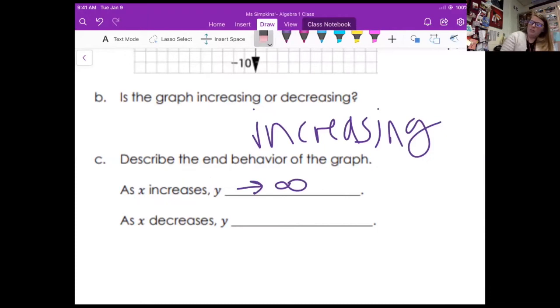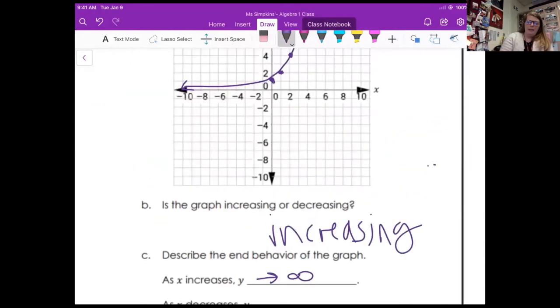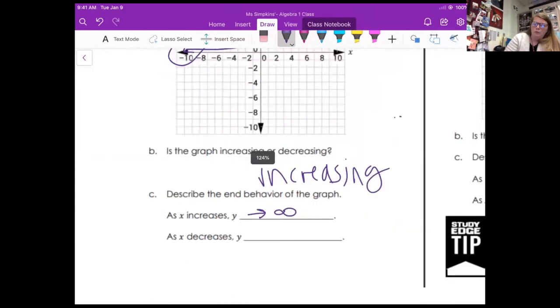Now, the other question is what's happening on the opposite side? So where is this left-hand arrow getting very, very close to? Well, it's not going to cross 0 though, remember? Like it's never going to cross the x-axis. So it's getting really, really close to 0.